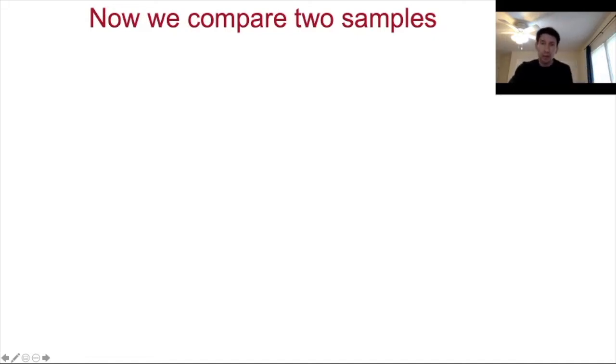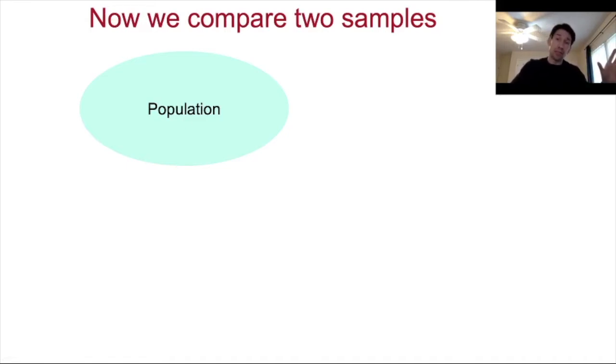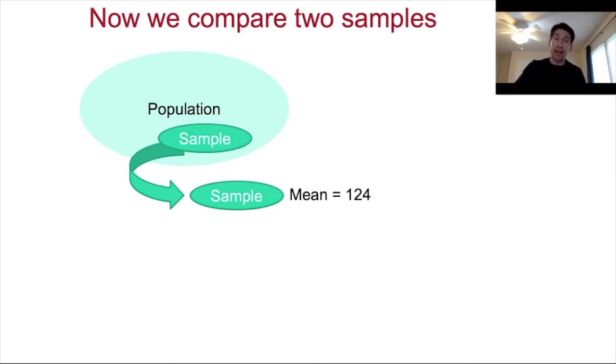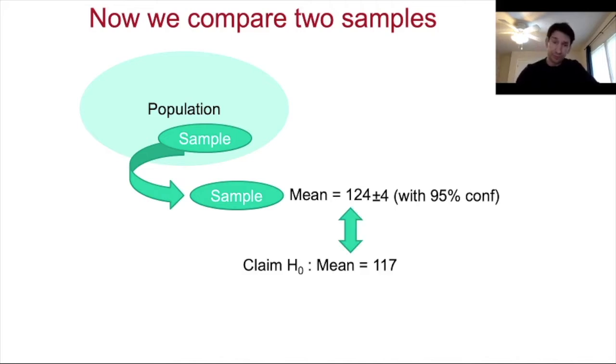Okay, so now we compare two samples. Until now, what we had was we had a population. We'd take one sample out of that. We would compute a statistic, let's say mean equals 124, and then we learned how to put confidence intervals around those statistics. So let's say the mean is equal to 124 plus or minus 4 with 95% confidence.